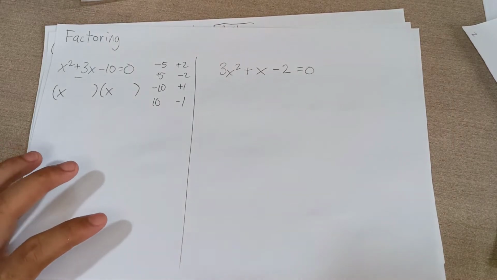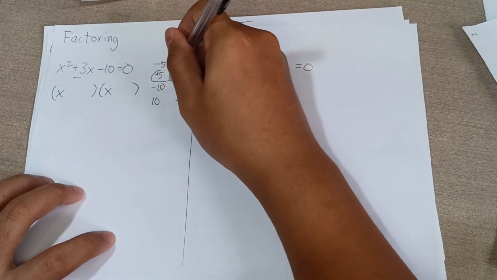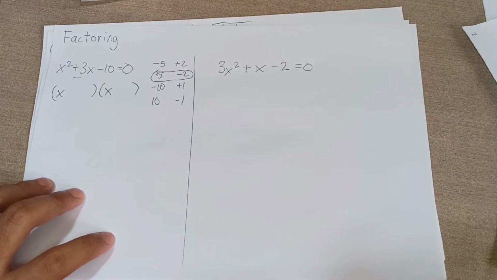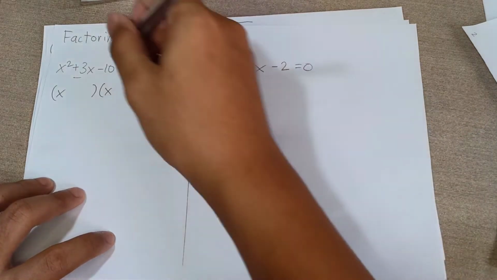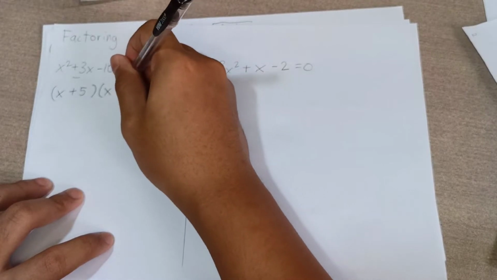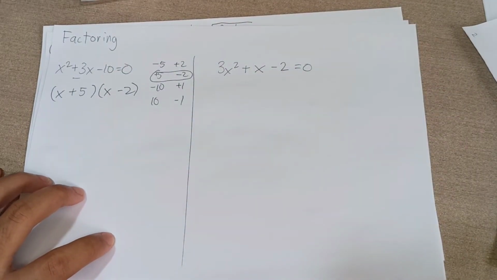And our answer will be positive 5 and negative 2. So we can now write our positive 5 and negative 2 in our two parentheses. And that's the factored form of the main equation.